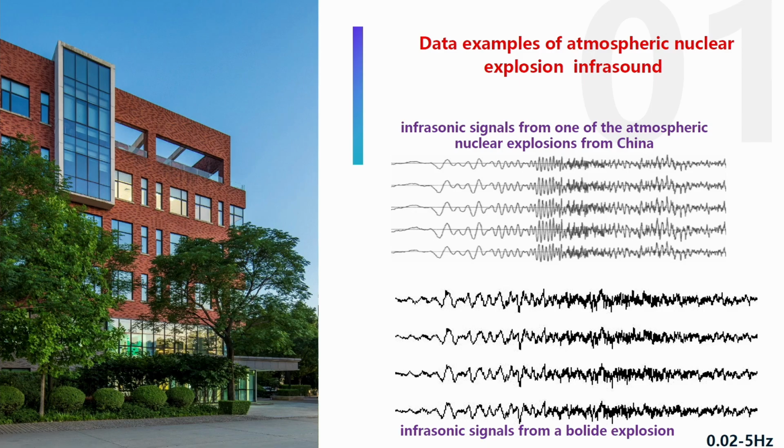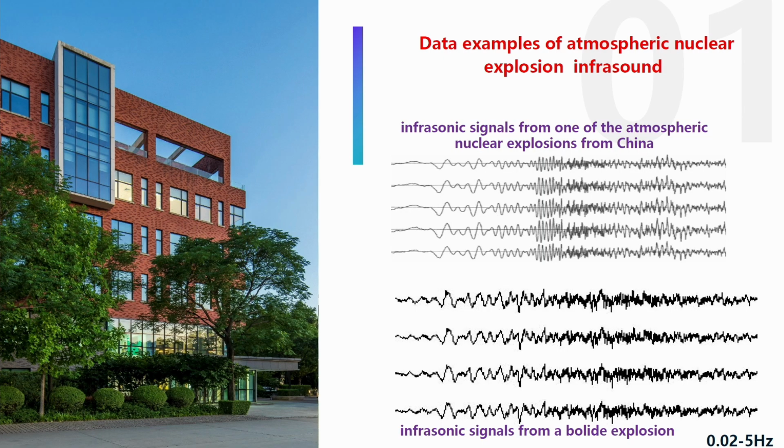There is a problem because nowadays no country dares to conduct an atmospheric nuclear test. It is a challenge to infrasonic researchers. We do not have enough data to learn the features.